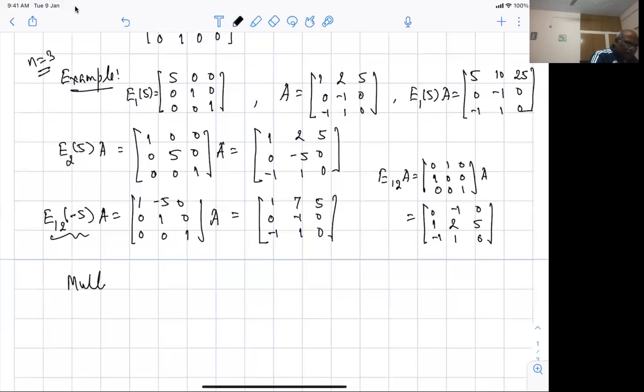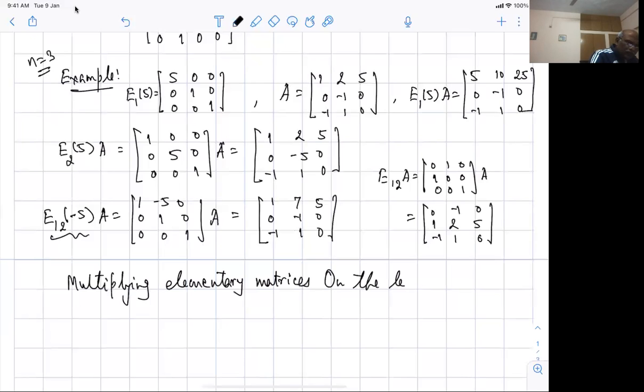Multiplying elementary matrices on the left. All right.